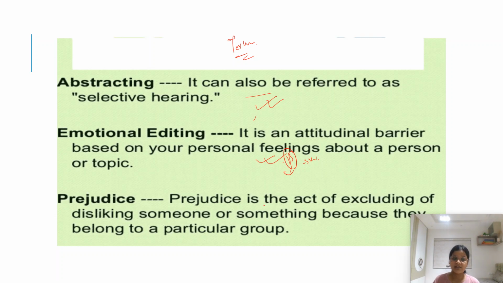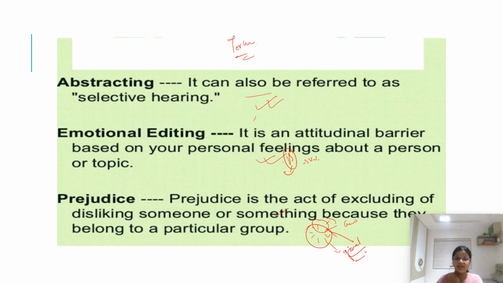Prejudice is the act of excluding or disliking someone or something because they belong to a particular group, because people are talking about him like that. Suppose there is a group of 8 people, and one person in this group is very annoying, and this person is good, but he belongs to that group. So on the basis of that, you are judging this person as also annoying.